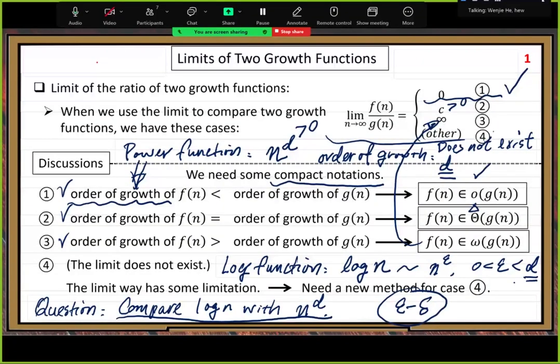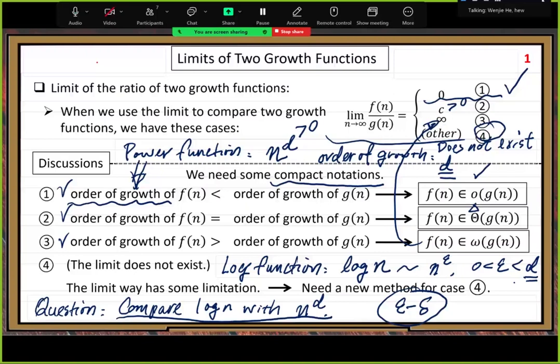There is case number 2, where we could use the limit way. Look at case number 4. We cannot use the limit way because the limit does not exist. So the question is, how do we study case number 4 if the limit does not exist?